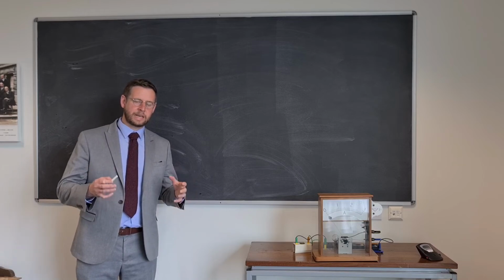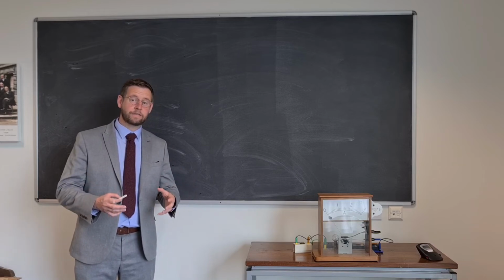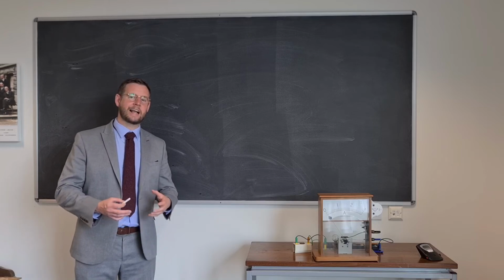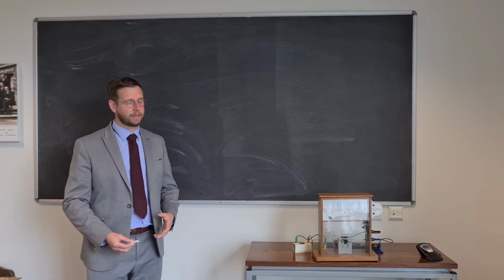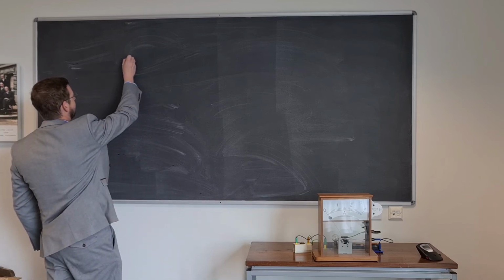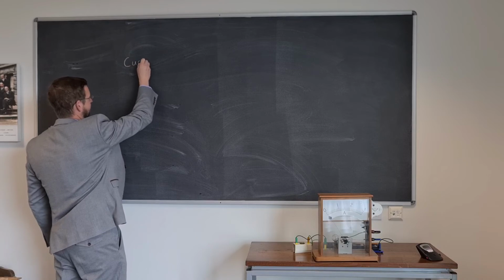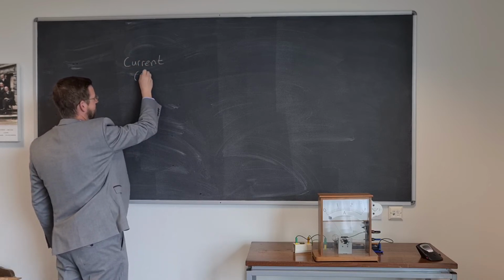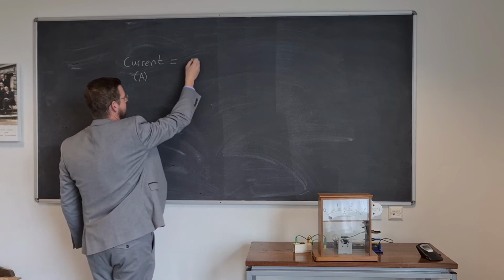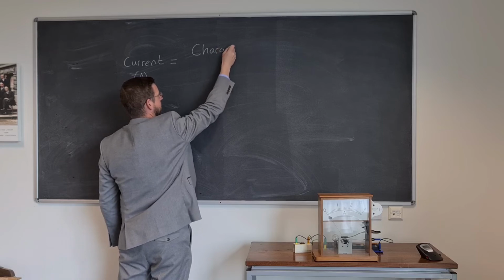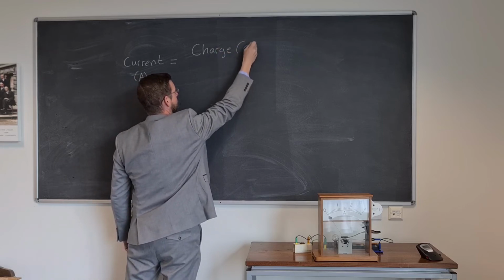We can use our ideas of a flow of charge to represent current as a formula. And so how I would describe current with a word equation is that current measured in amps is equal to the amount of charge that flows measured in coulombs.